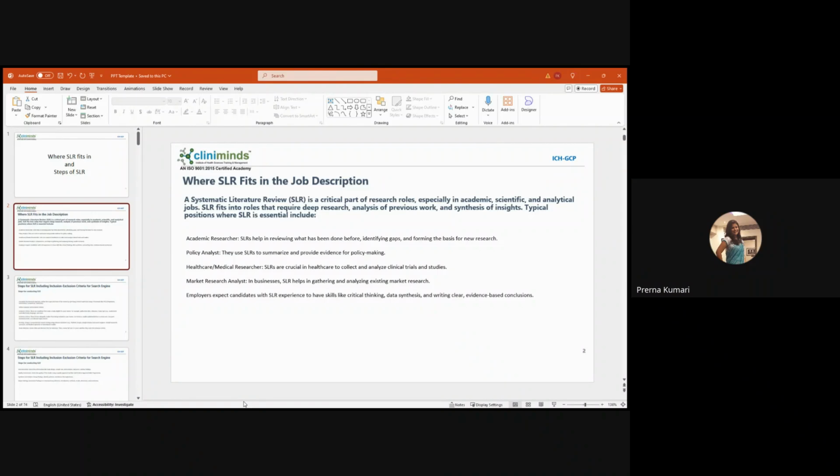As I mentioned, there are different dimensions in which SLR is used. You can see that SLR can be used in academics, scientific, and analytical jobs. When I say academics, I'm not talking about going and teaching. Academics means research in the academia field. There are top high impact journals where publications are made for research purposes, and quite often there are very well-defined professors in the US and UK.